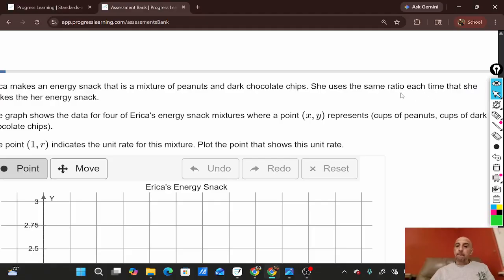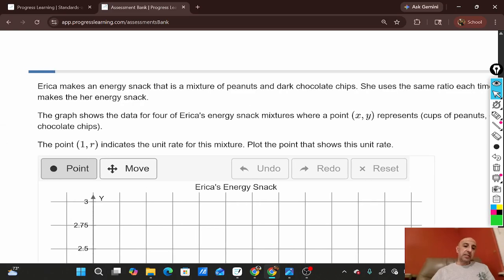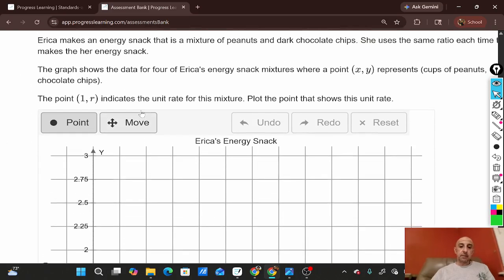Each time that she makes her energy snack.